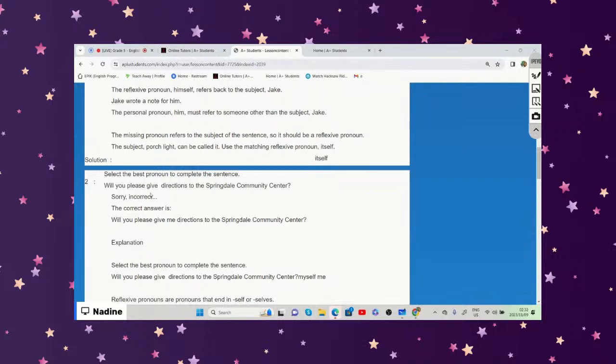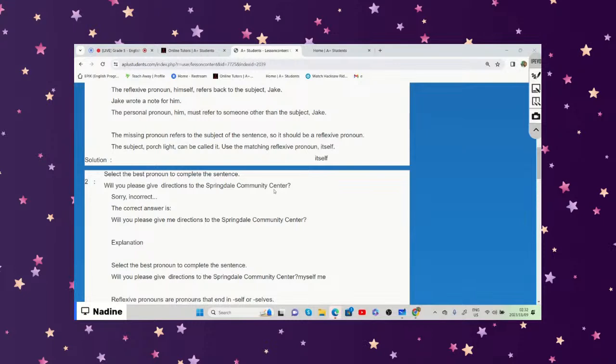Will you please give directions to the Springdale Community Center? Remember, the pronoun doesn't necessarily have to be a reflexive pronoun, it can be a personal pronoun also.